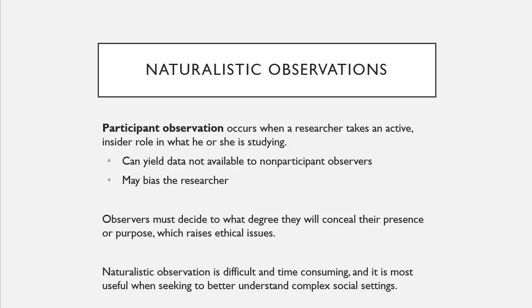You're sitting at a table with other people and engaging in the conversation. You could accidentally lead the conversation just because you have this bias, and if you're not careful, you could guide the conversation in a way that supports your hypothesis, and the results would be based on your guiding the conversation as opposed to the actual naturalistic observation.